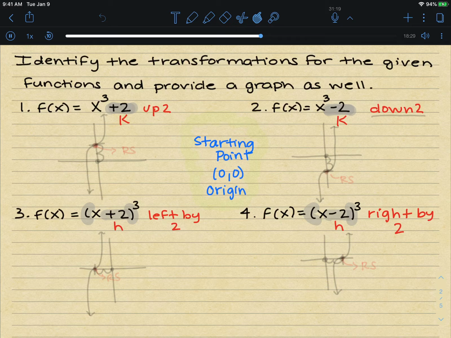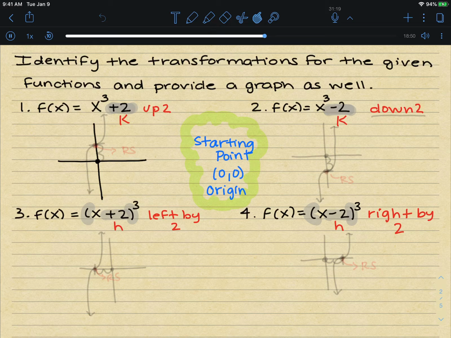So just keep that in mind as you're doing this. Okay, my starting point is going to be 0, 0. As I graph these, my starting point is always going to be at 0, and then from 0, I do the transformations.